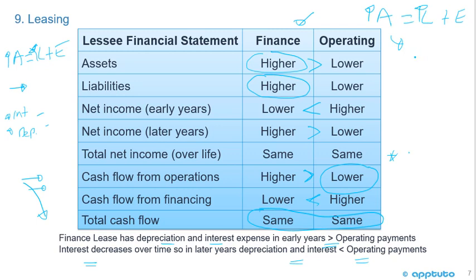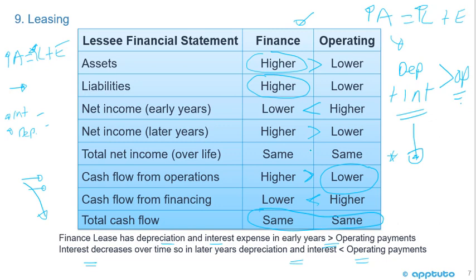Because I'm paying interest. So in the early years, I have depreciation expense and I have interest expense, okay? And that's going to be greater than an operating payment, which is just like a rent. But interest expense comes down as the loan is ground down. So in the later years, I'm going to have a higher net income versus an operating lease, okay?